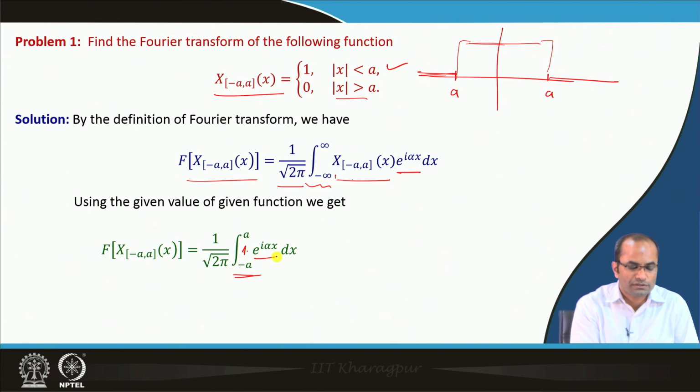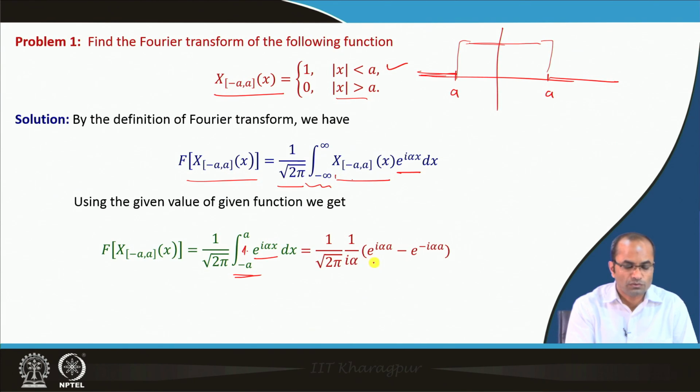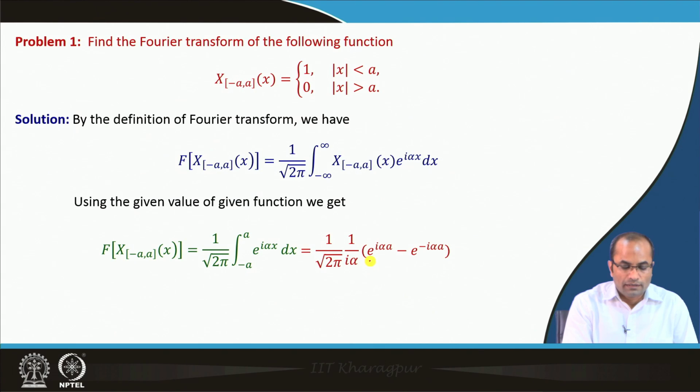So, we have just the exponential i alpha x, which can easily be integrated to give e power i alpha x divided by i alpha, and then we need to put in the lower and upper limits. While substituting the upper limit, e power i alpha a, and then the lower limit, e power minus i alpha a.